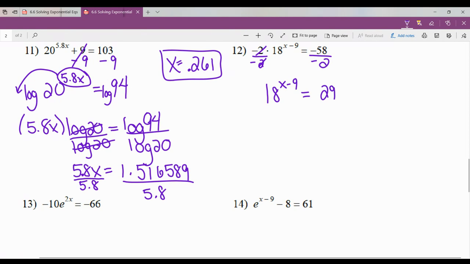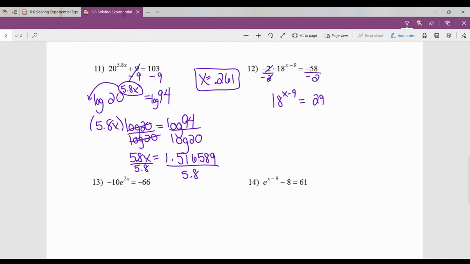All right, so we've got 18 and 29. There's no way that I can rewrite those as the same base. So I'm going to log both sides and take that exponent and bump it down in front using that property of log. X minus 9 times log of 18 equals log of 29.